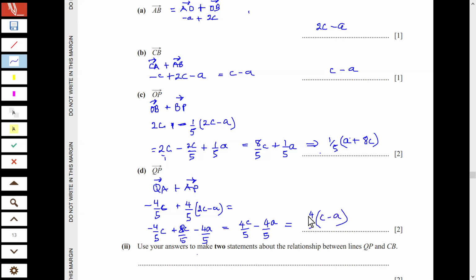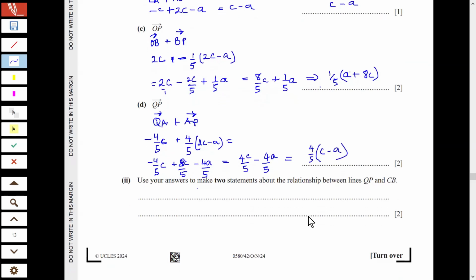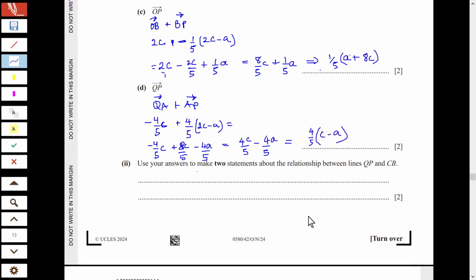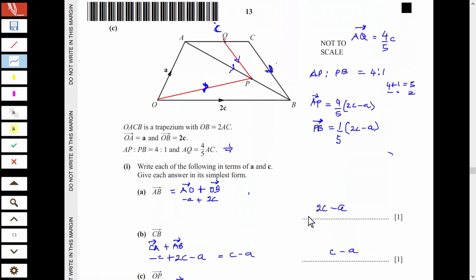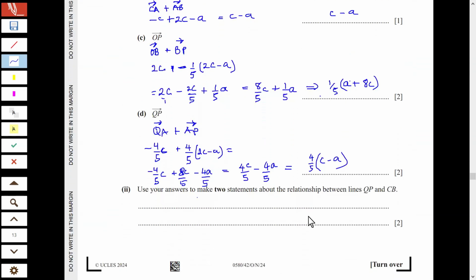Okay, so the last question says, use your answer to make two statements about the relationship between line QP and CP. First thing you notice is that they're parallel. So the first statement: vector QP and vector CP are parallel.